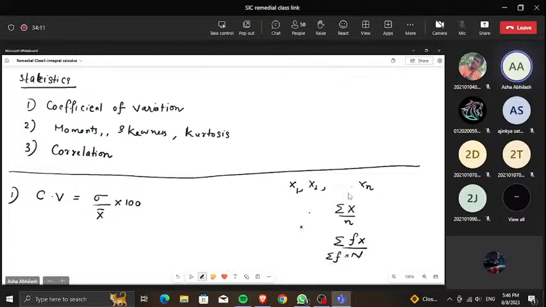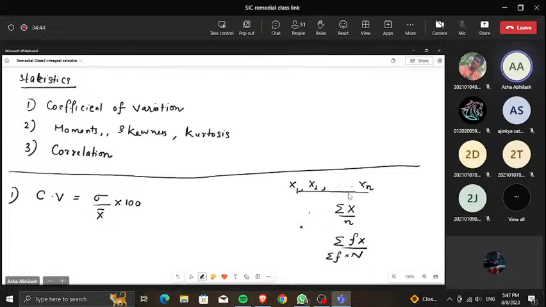Now, next is that if suppose the given numbers are bigger numbers, then you can use the assumed mean method. Or when you are finding the actual mean, if you are getting some decimal values as your actual mean, it will be quite difficult for the further calculation. So in these cases, we can opt for the assumed mean method.